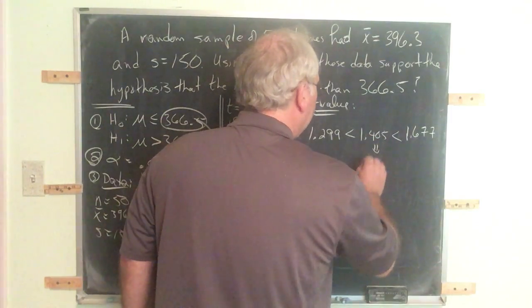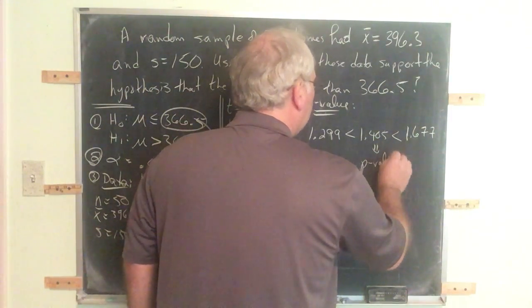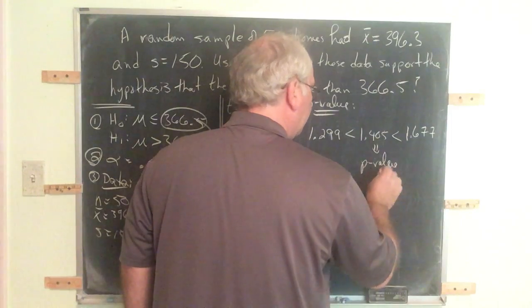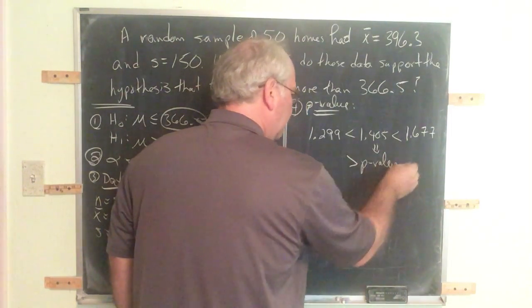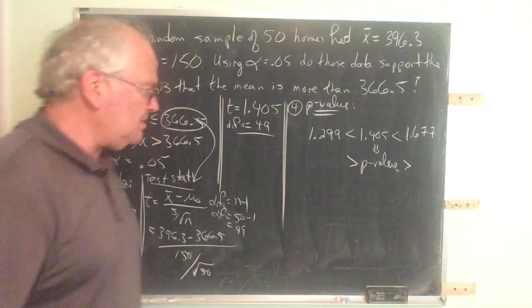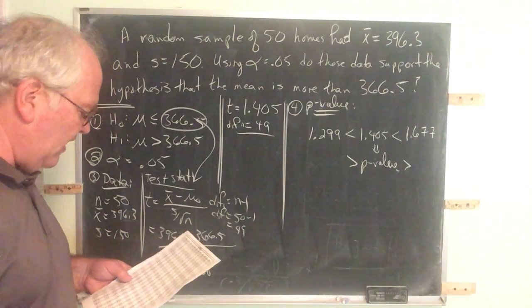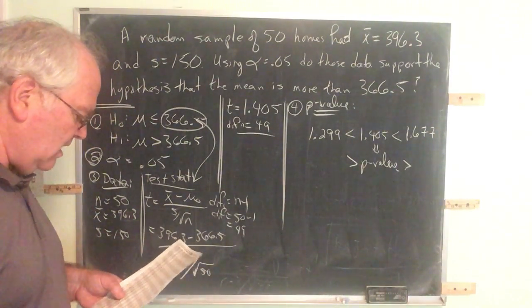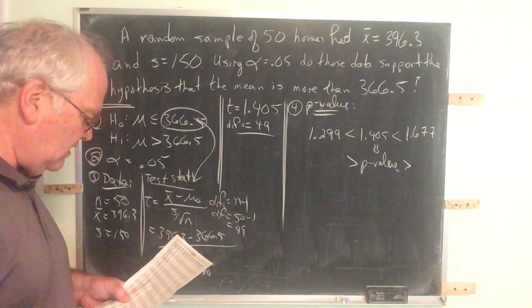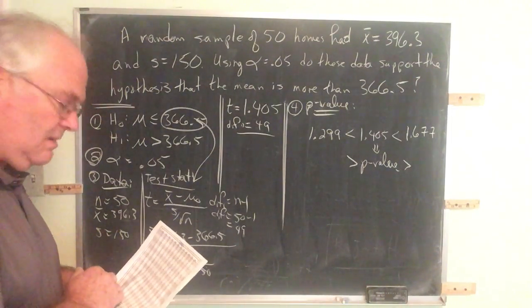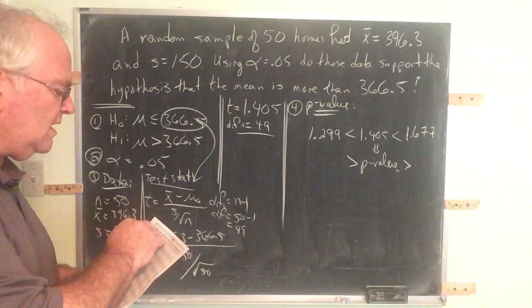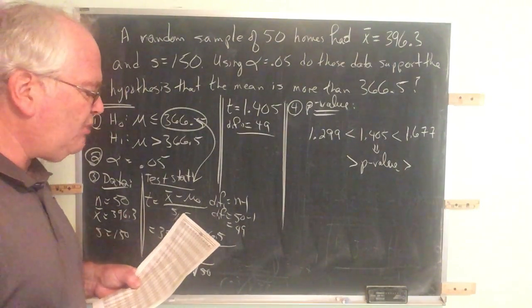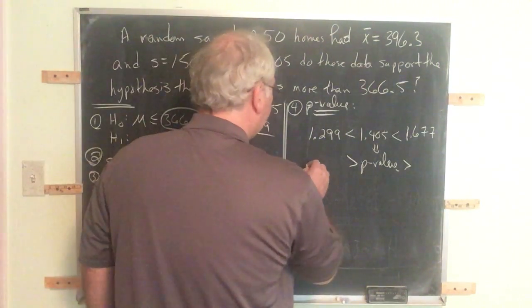This number gives rise to the p-value. All right? Reverse the direction of the inequalities. Go ahead and reverse them. You know that has to happen. And then we need to find the numbers at the tops of those columns. 1.299 in the 49 degrees of freedom row, top or bottom, because this table is so well described. This is 0.10 and 0.05.